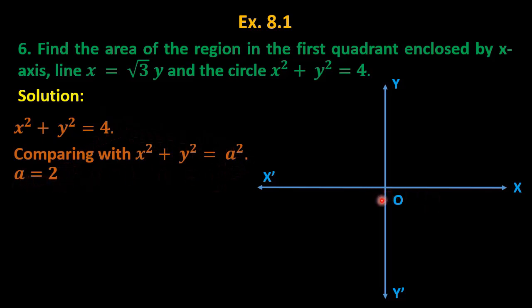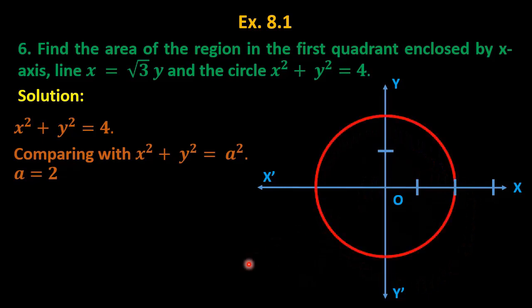So in the graph we make a division: 1, 2, 3, and here 1, 2, similarly. Taking 2 units, we need to draw a circle with its center at the origin. So here I have drawn the circle with the center at the origin and the radius 2 units.